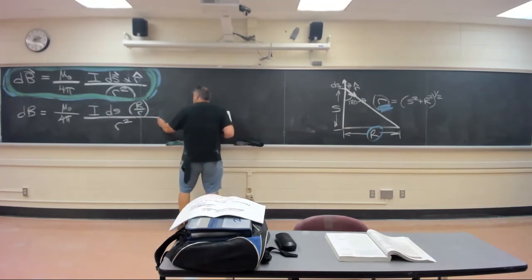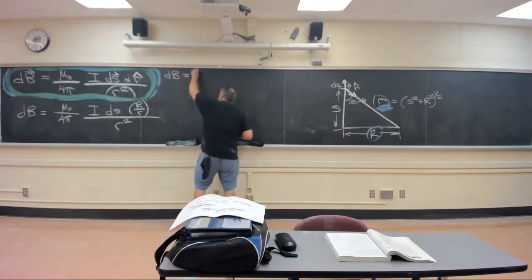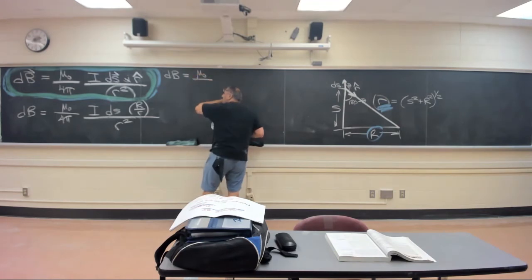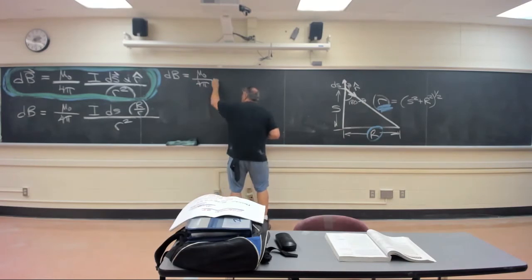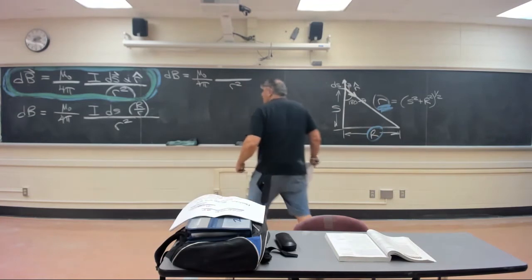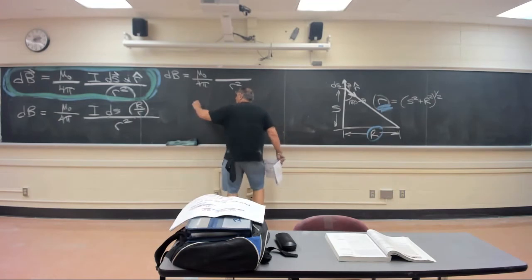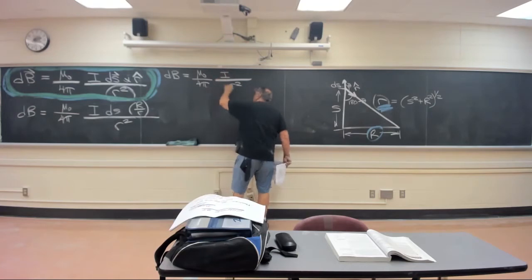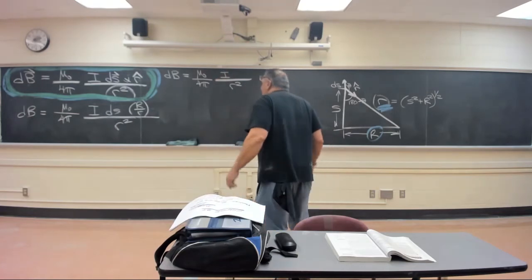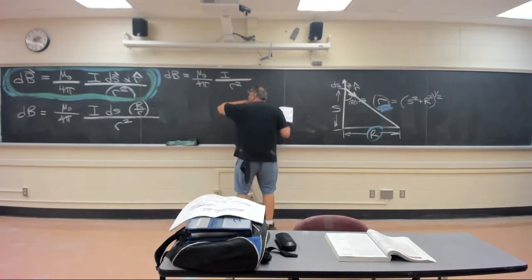We could say, for this right here, dB is equal to mu 0 over 4 pi, mu 0 I ds, so 4 pi r squared on the bottom.